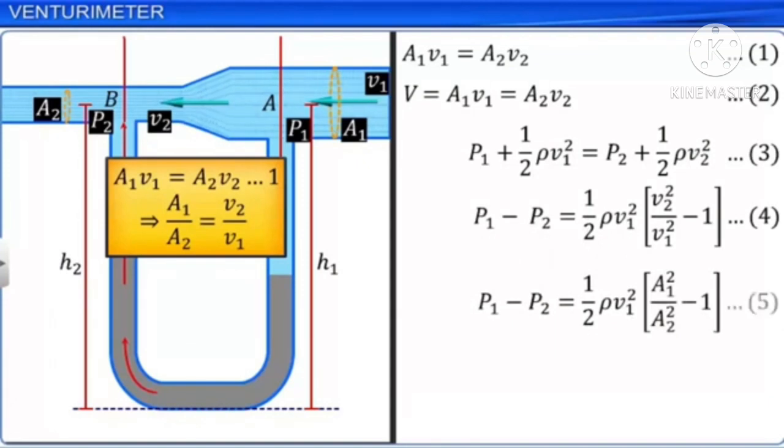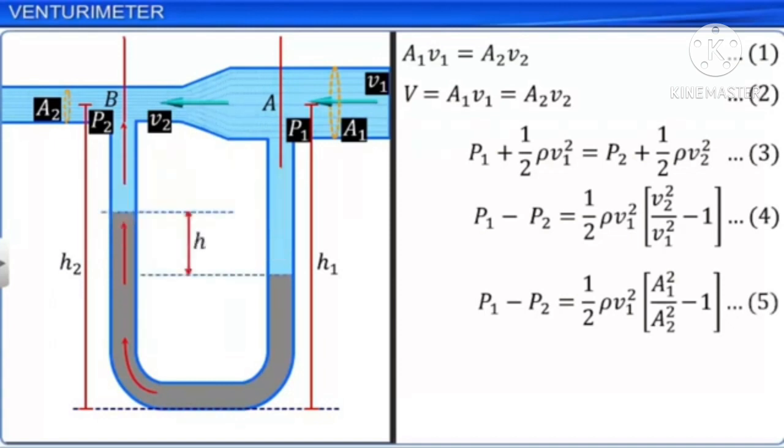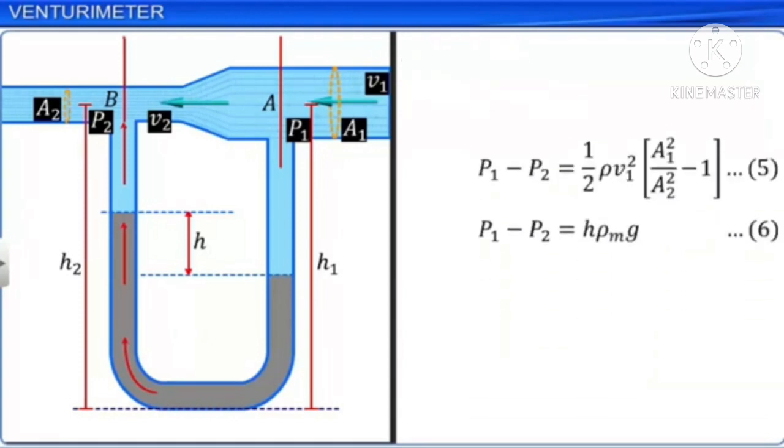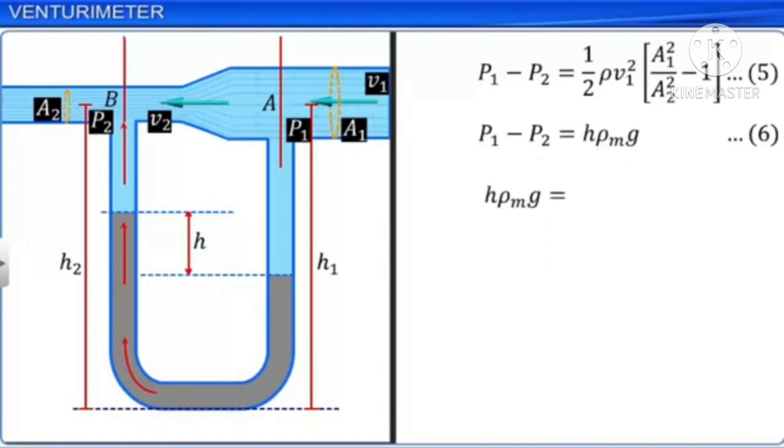The difference in the pressure at points A and B can be measured as the difference H of the liquid level in the 2 arms of the manometer tube. Thus, the pressure difference is equal to H rho mg. Let this be equation 6. Equating equations 5 and 6, we get equation 7 as shown.